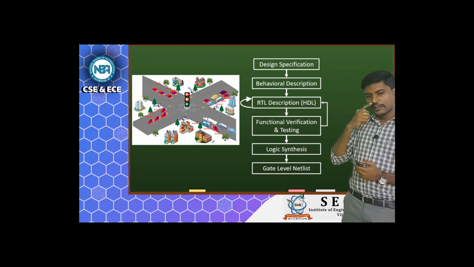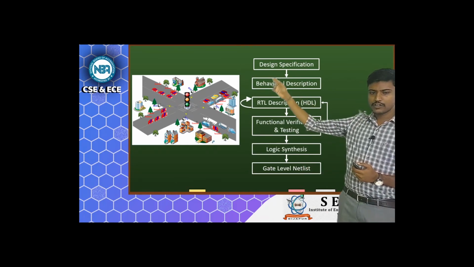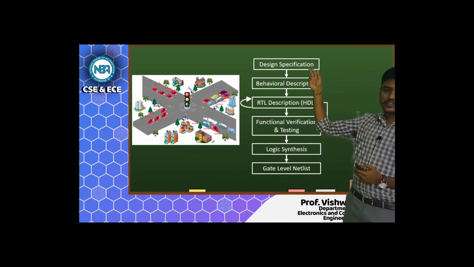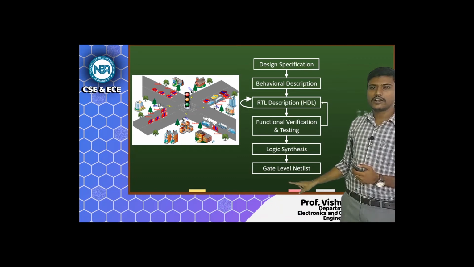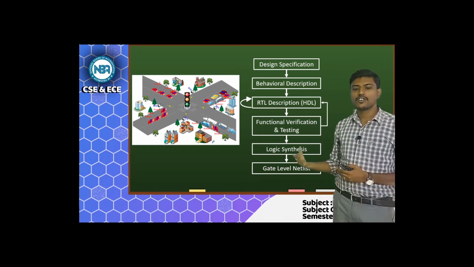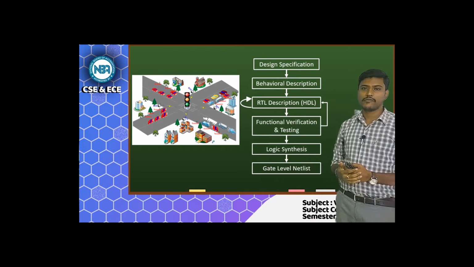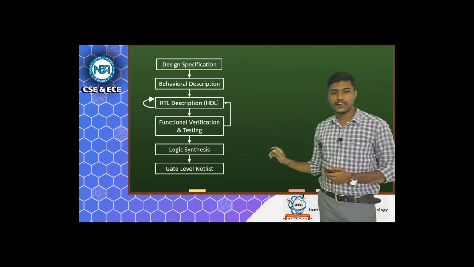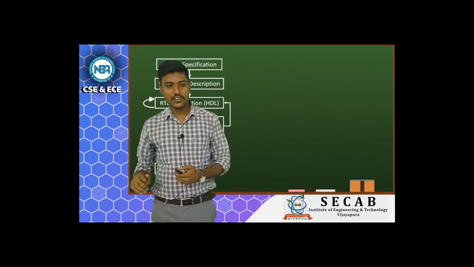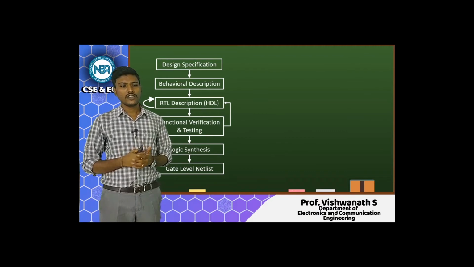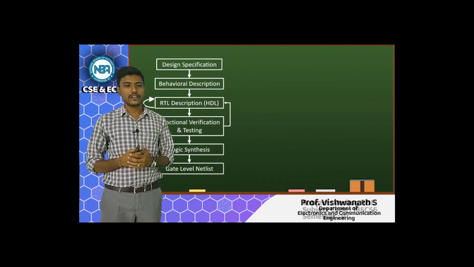Now the whole part from the design specification till the gate level netlist is your front end design. Once your front end design is done, we need to go for the back end.